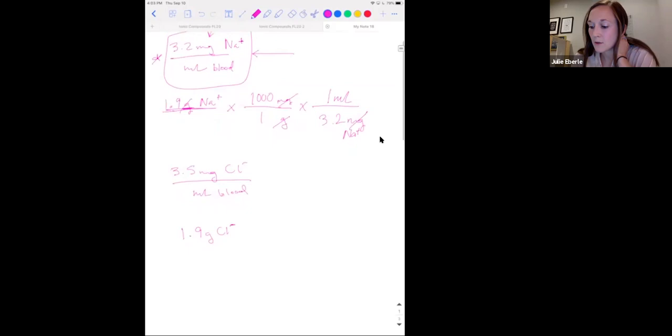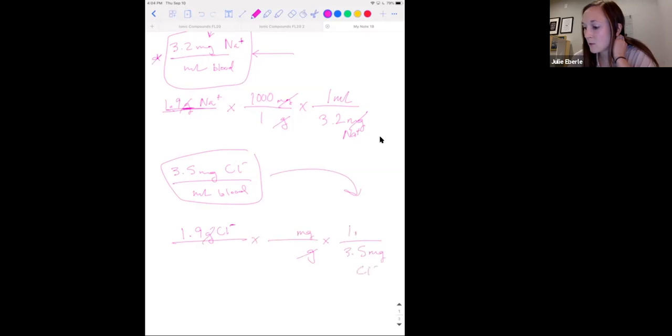Before you can use this relationship, you've got to go from grams to milligrams of chloride. So you're going to do the same thing, grams to milligrams. You'll fill in the numbers. Once you have milligrams and grams are canceled, now you'll plug this relationship in. For every 3.5 milligrams of Cl-, you get 1 mL of blood, and you'll calculate milliliters that way.